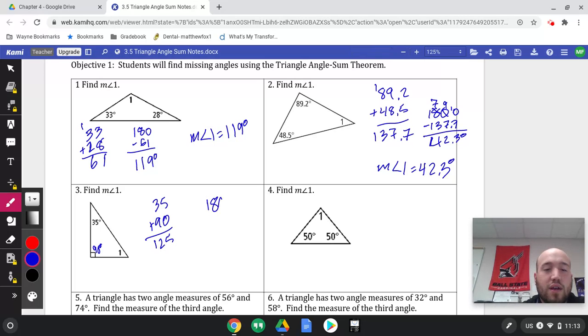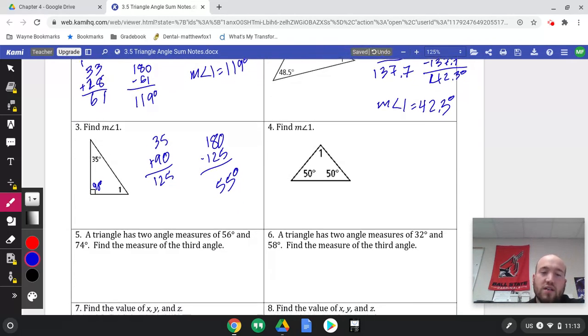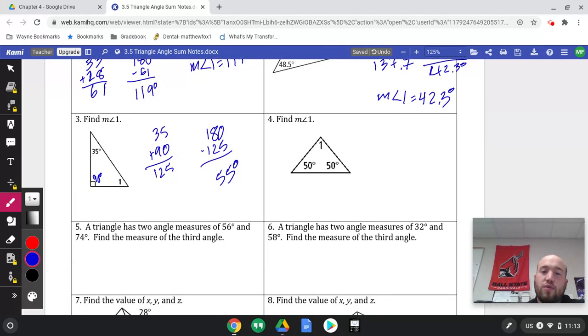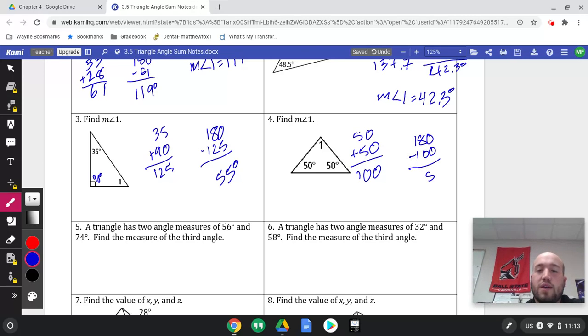Take that from 180, and we're left with 55 degrees as our answer. Our final picture here, angle 1, once again 50 plus 50 gives us 100. If we take 180 minus that 100, we are left with 80 degrees.